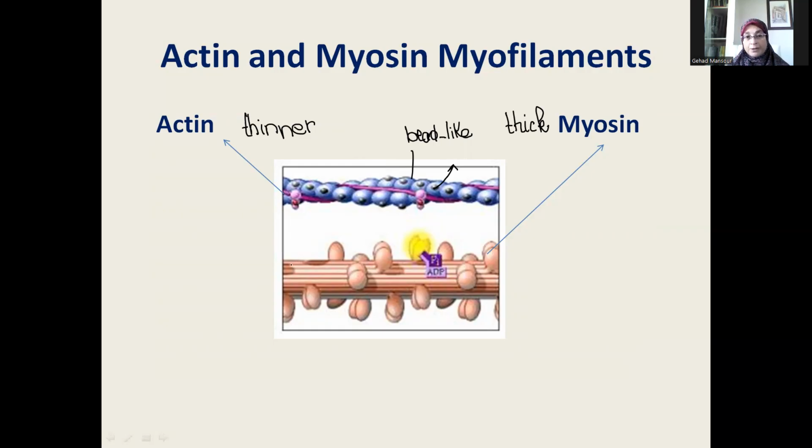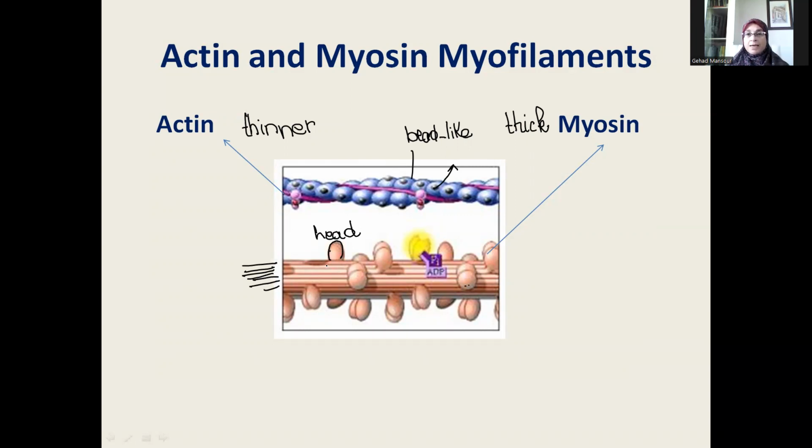Myosin consists of parallel filaments, as you see in the diagram, and from those parallel filaments, there are protein molecules that arise from the myosin molecule, and that are called the myosin heads.